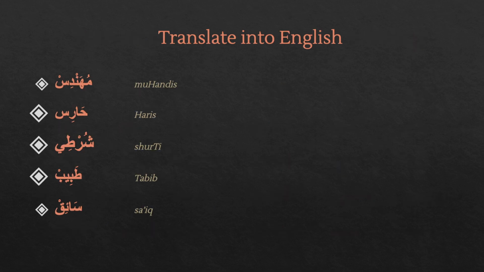Next slide. So in the next two slides, translate the Arabic vocabulary into English in your mind before I click to reveal the answer again. Remember, we are reusing the same vocabularies in this lesson with different exercises to help with memorization and understanding. So the first word here is muhandis. What do you think muhandis means in English?